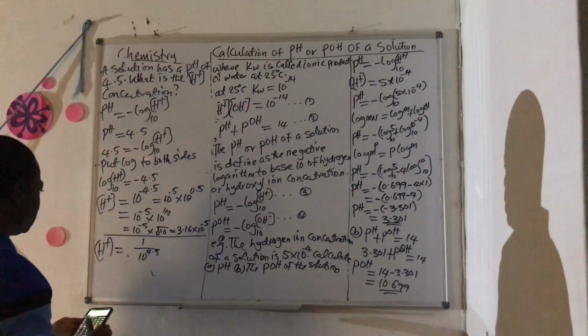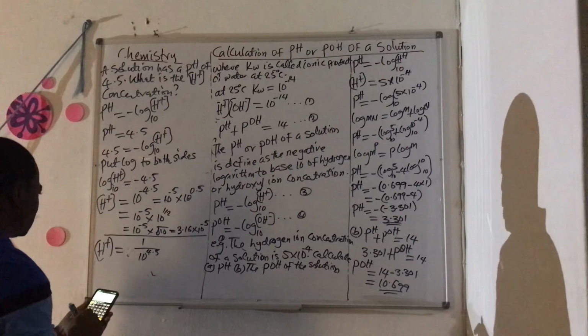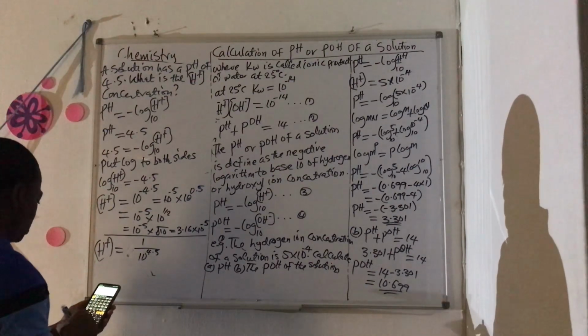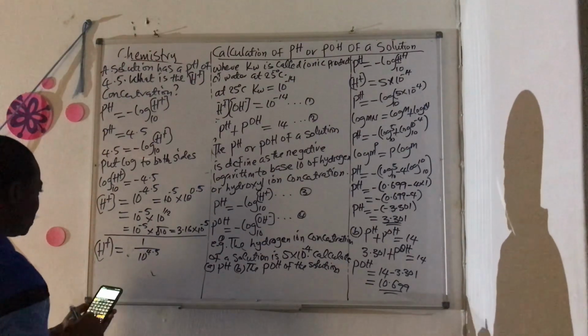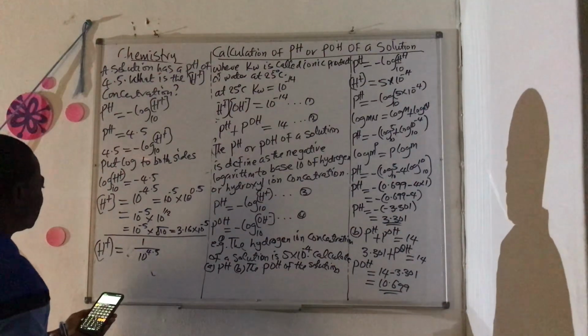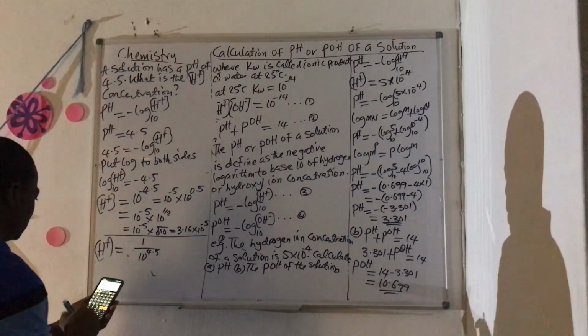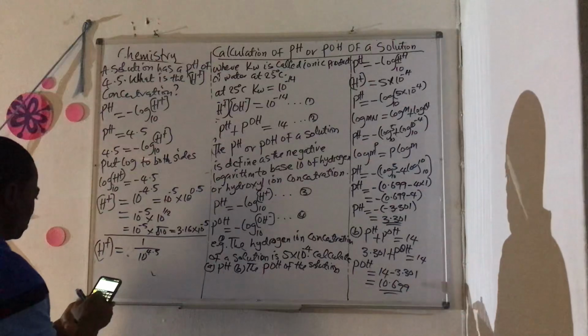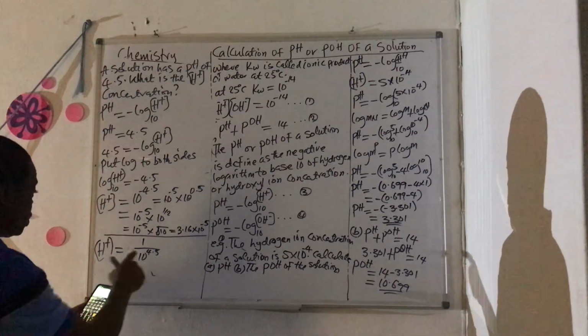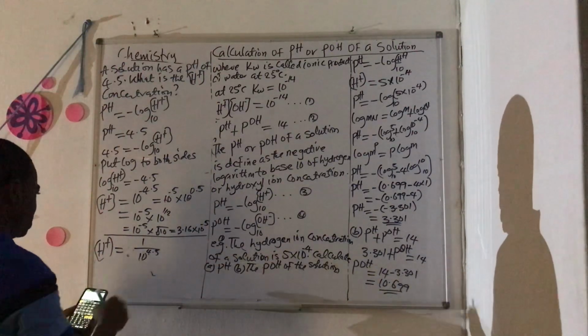If I use my calculator and press 1 divided by 10 raised to power 4.5, there's no minus sign again because of this division we have done here.